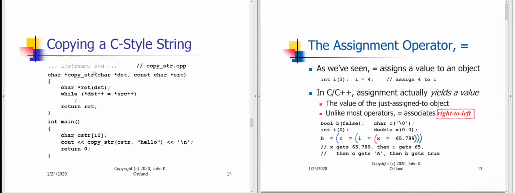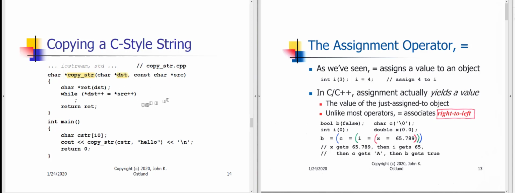Here we're looking at yet another string manipulation function. This function is called copy stir. And it's similar to display stir, but with a more complicated interface and somewhat more complicated implementation. First of all, copy stir is taking two parameters.